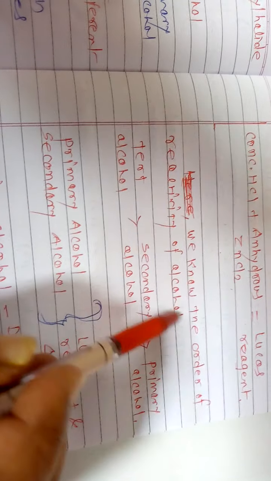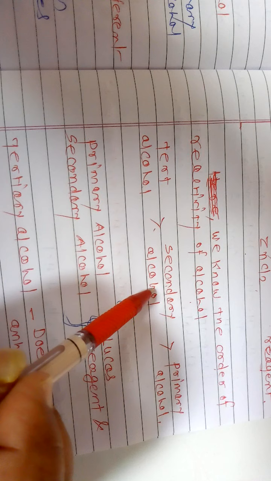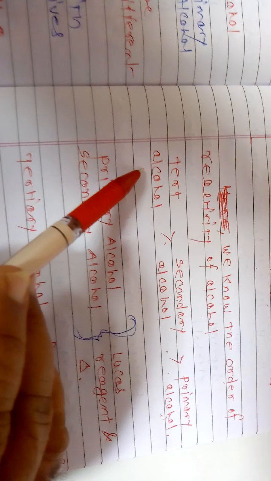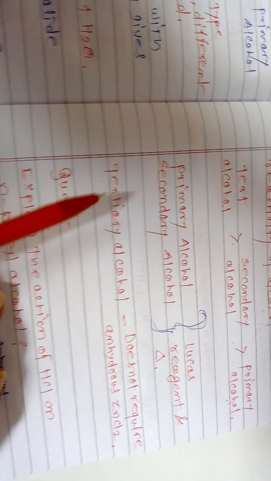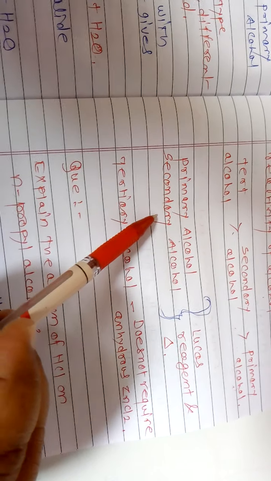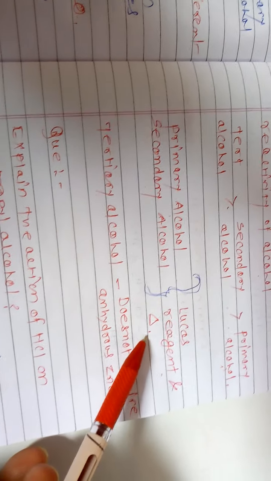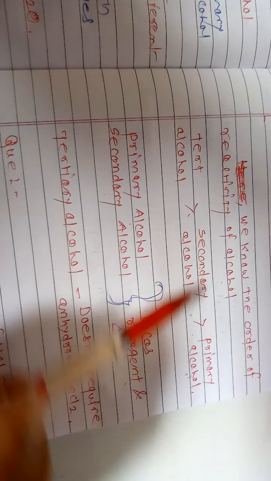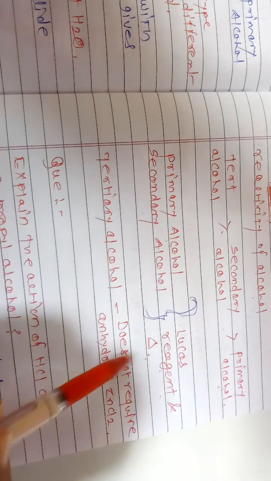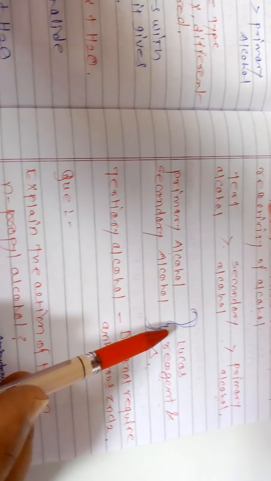Now we know the order of reactivity of alcohol, that is tertiary alcohol is greater than secondary alcohol is greater than primary alcohol. The reactivity of tertiary alcohol is more. So here you can see easily, for primary alcohol and secondary alcohol we are using the Lucas reagent and heat is also necessary. As we already discussed, anhydrous zinc chloride we use as a catalyst.